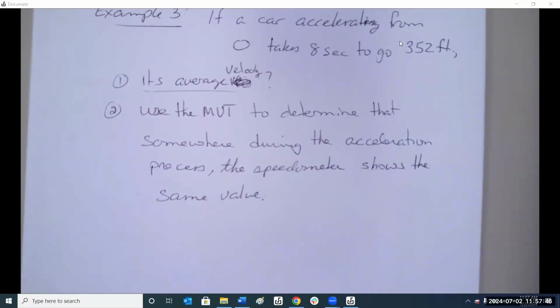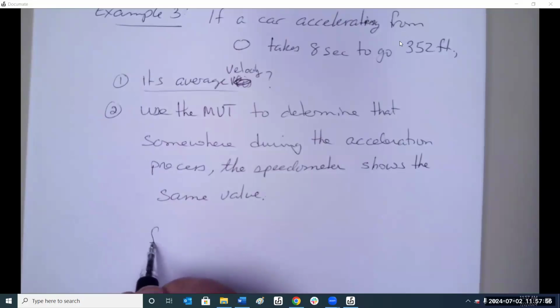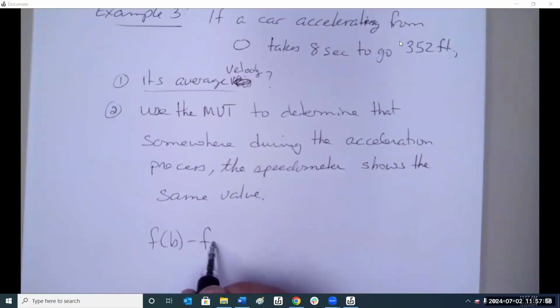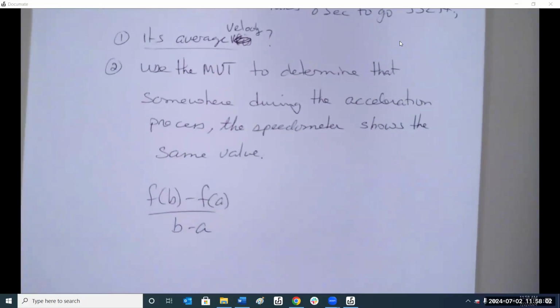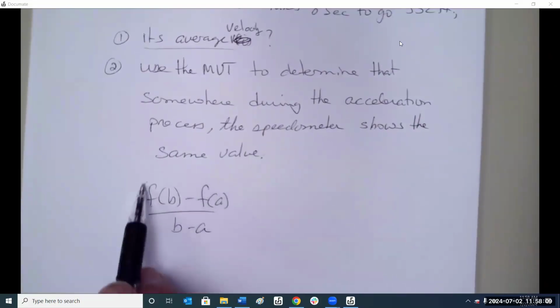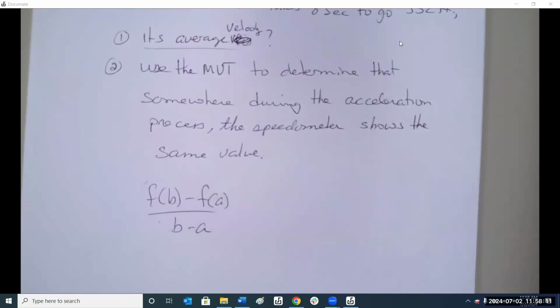Do we have a formula that shows us an average? Did we just talk about one in the last 5 minutes? Yeah, the slope equation, F of B minus F of A over B minus A. That's the average velocity or average speed, whatever, it's the average because it's the y's over the x's.